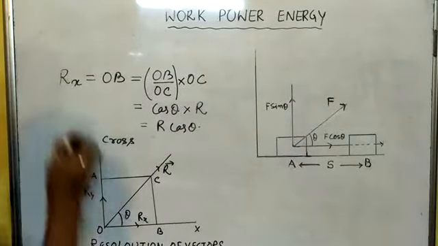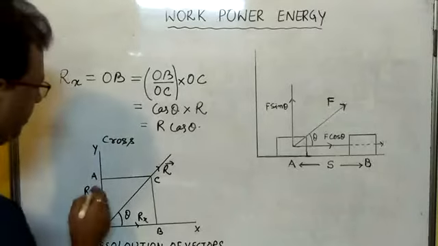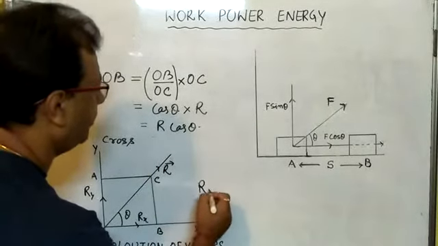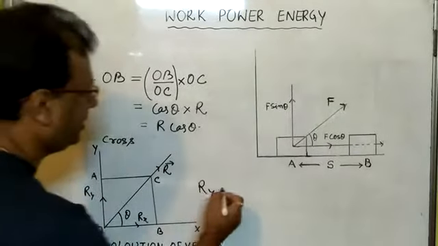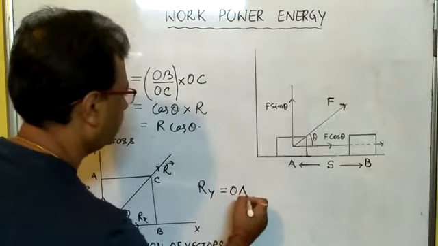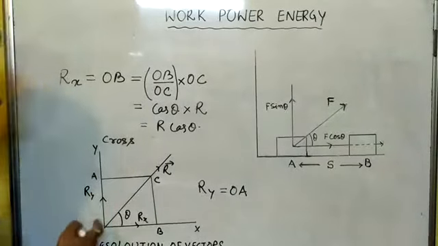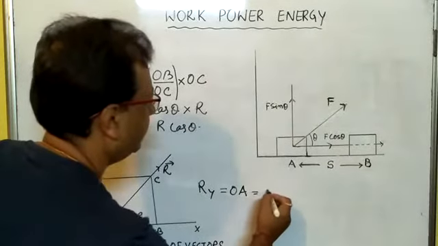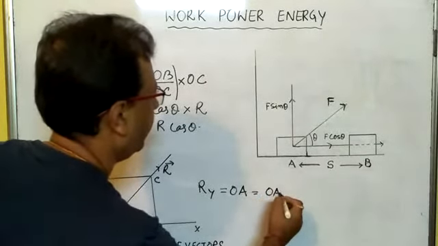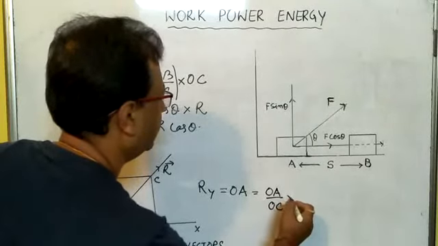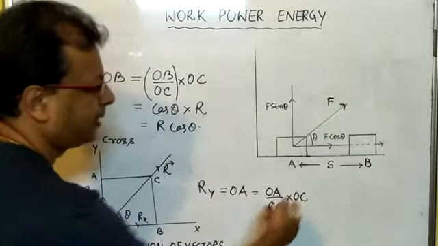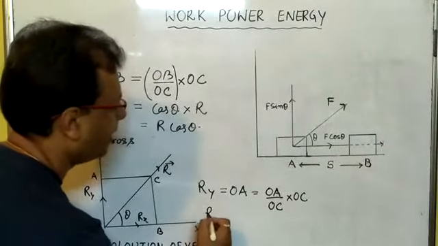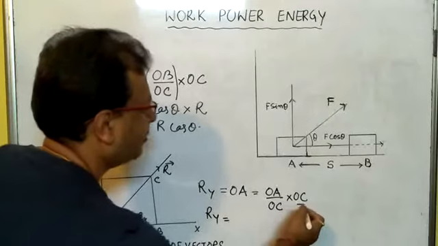Similarly, Ry. How much is Ry? It is equal to OA. We can write it as OA divided by OC into OC. So OC gets cancelled.